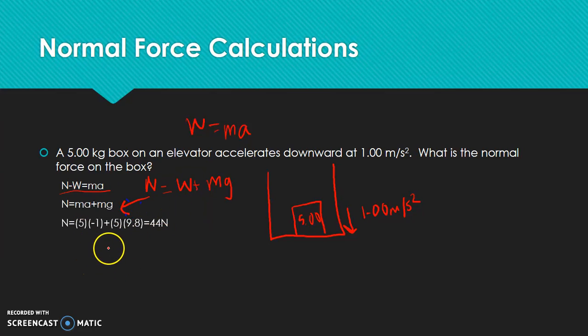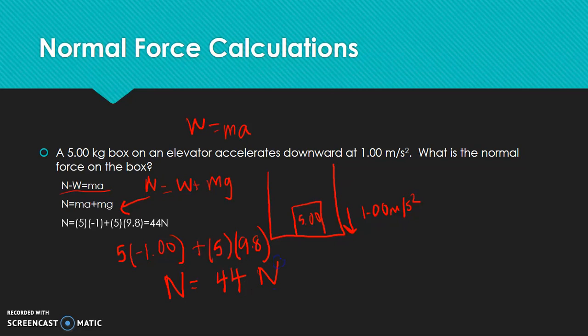And then we plug in what we know. We have that 5 kilogram mass box accelerating at negative 1.00 because it's going down, plus mass, again 5, times gravity, 9.8. We add that into the calculator to find our normal force, and that would be 44 newtons.